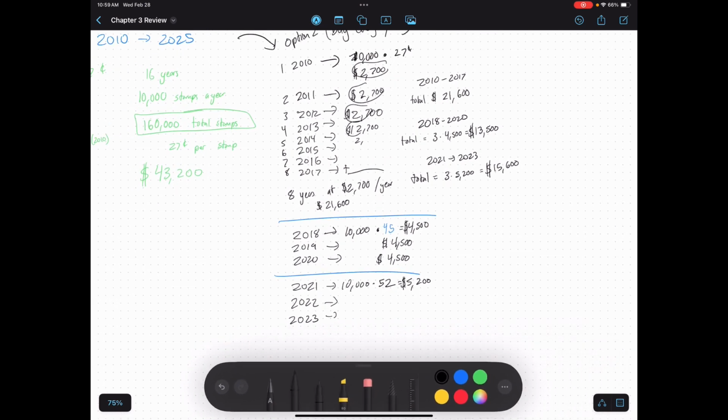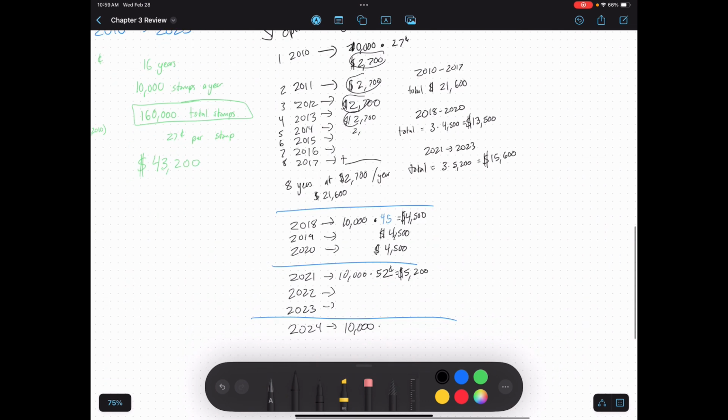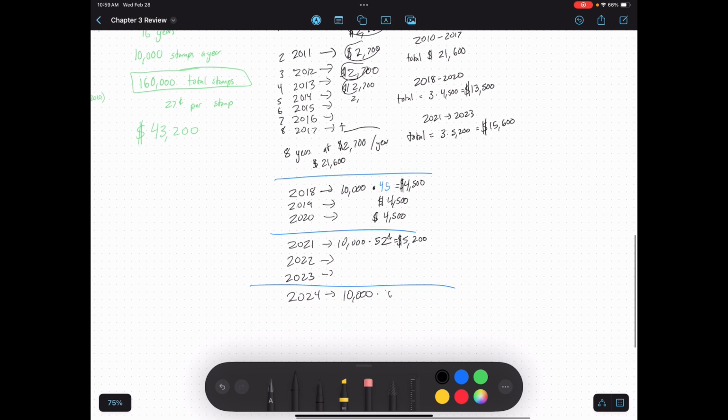Okay, last. 2024, my price bumps up. So I still need 10,000 stamps, but now the price is 60 cents a stamp, which leaves me with $6,000.